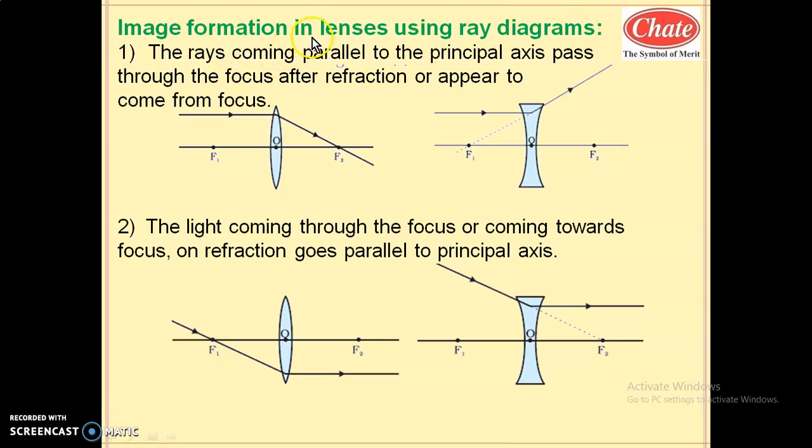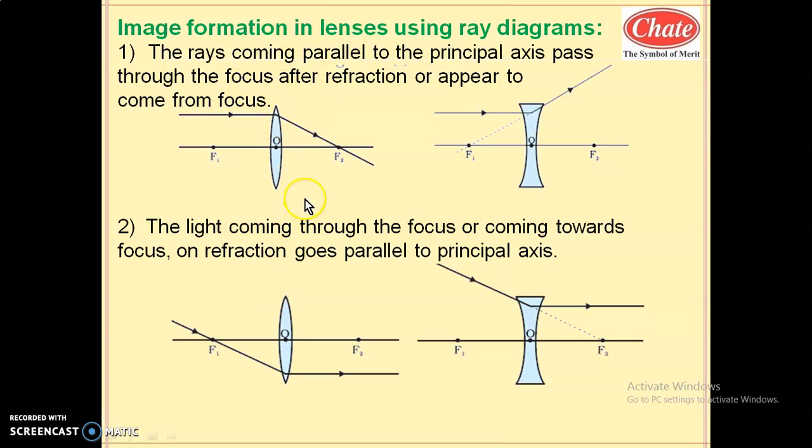So these are also called the rules for drawing the ray diagrams for lenses. So what are the rules for drawing the ray diagram for lenses? These are actually rules to be followed while drawing the ray diagram for lenses.